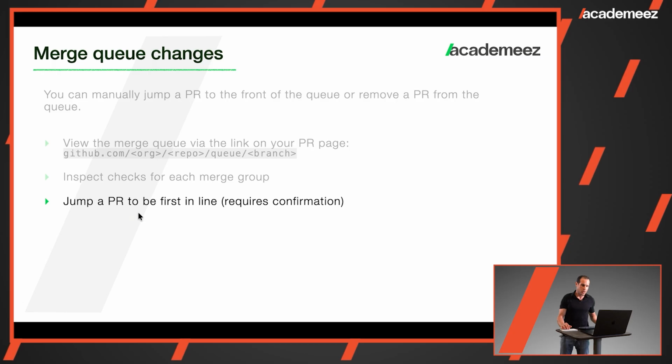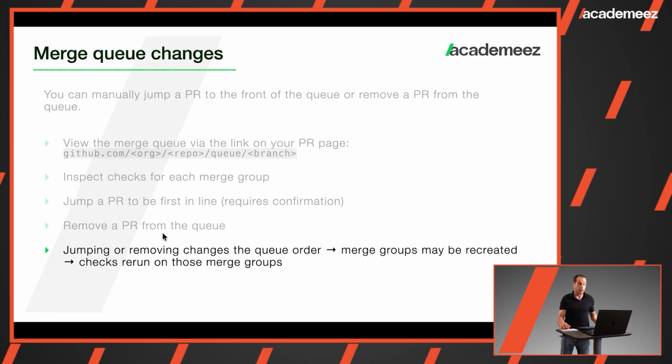So we saw that we can jump a PR ahead, and we saw that we can remove a PR from the queue.